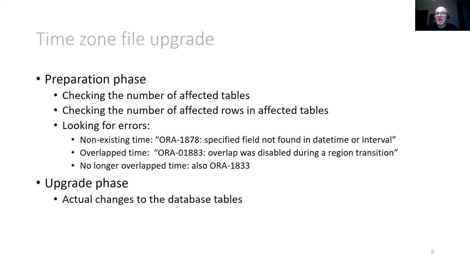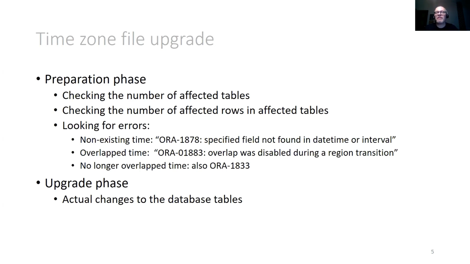Such values are not affected by time zone file upgrades because they are already absolute, right? You don't have any regional information, you have just an offset, you have the UTC, nothing can change here. No government can actually change a fixed offset that is just numerical.